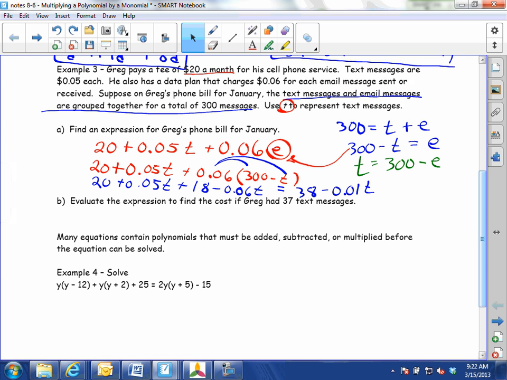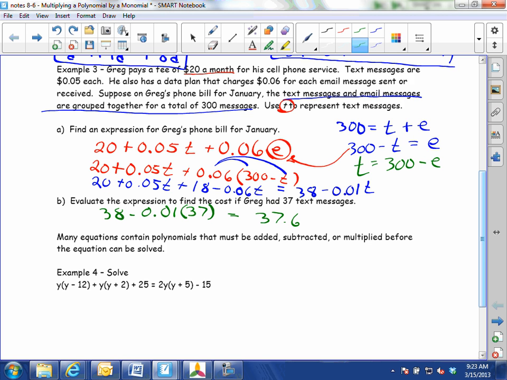Right, and then it asks us to evaluate the cost, so we had 37 texts. So we're just going to plug in for T, right? Probably maybe check our answers to see if that is a reasonable thing.